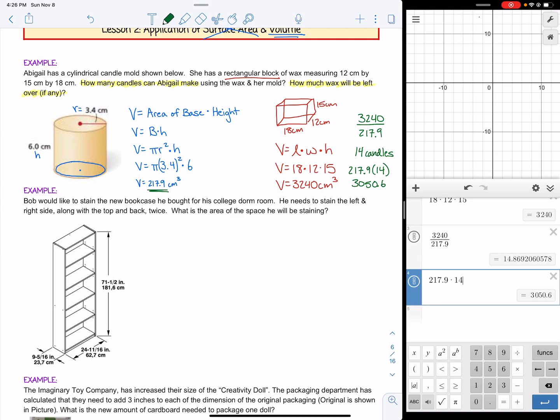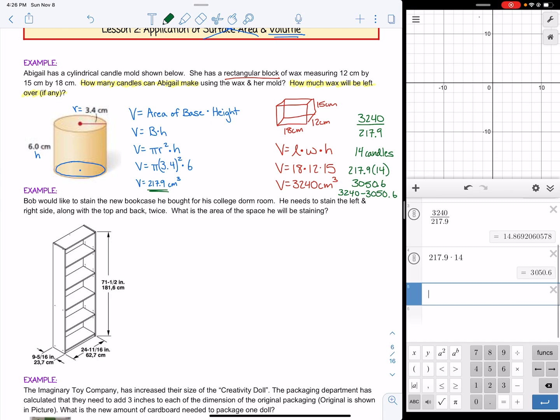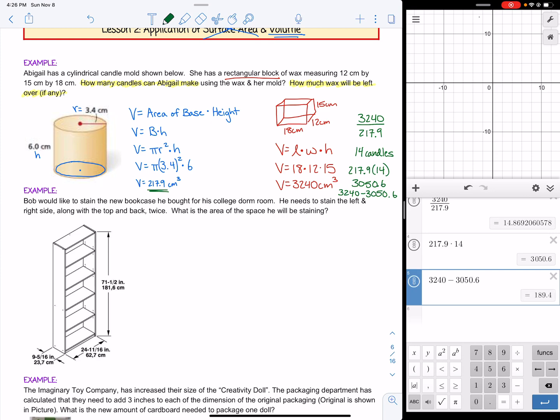So we just have to take the total amount, 3,240, and subtract the amount she's going to use, and we'll have the leftover amount. So 3,240 minus the 3,050.6, and she has 189.4 cubic centimeters of leftover wax.